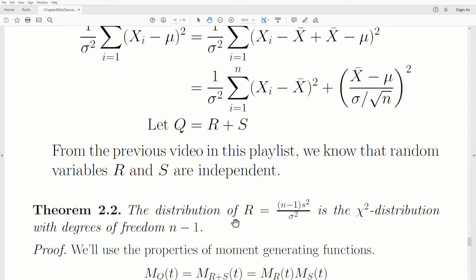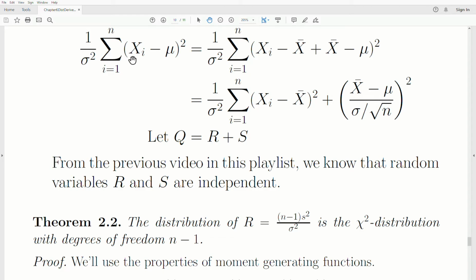Let's consider the distribution of R, which is this term. Notice the S squared, we divide by n minus 1. So those n minus 1s cancel, and we're left with that squared term. So these are the same. We're going to show that it's a chi-square distribution with n minus 1 degrees of freedom.